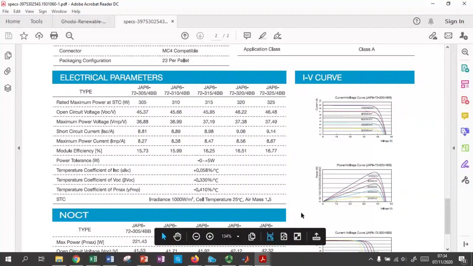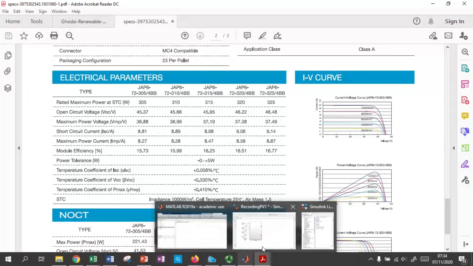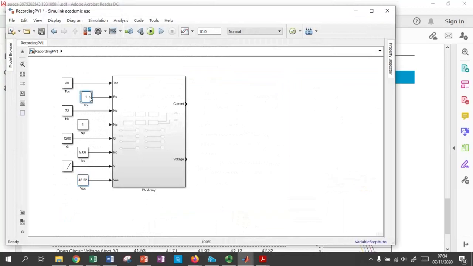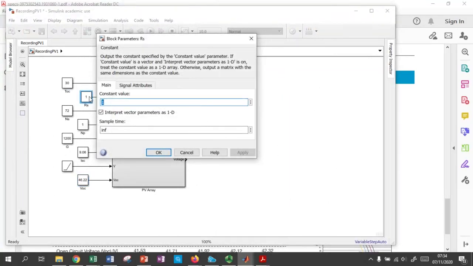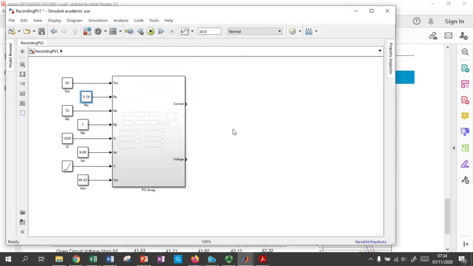Okay, now let's continue, and we will consider one value for this right now. For example, we can consider its value is 0.18. It's a normal range that we can select for most solar panels, but the accurate one should be found through the company and the manufacturers.